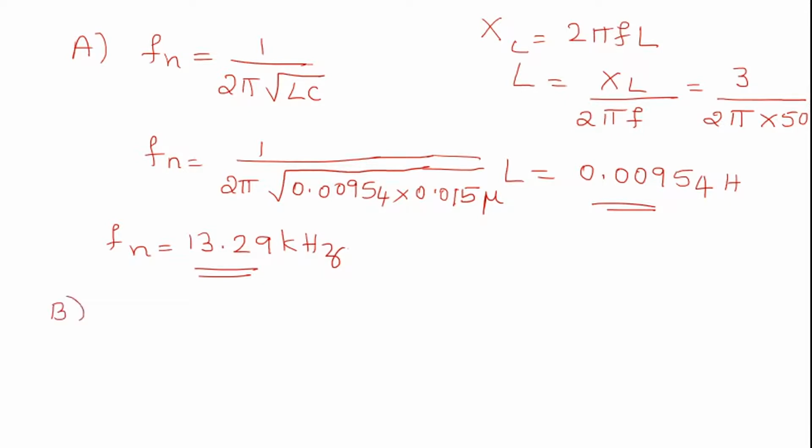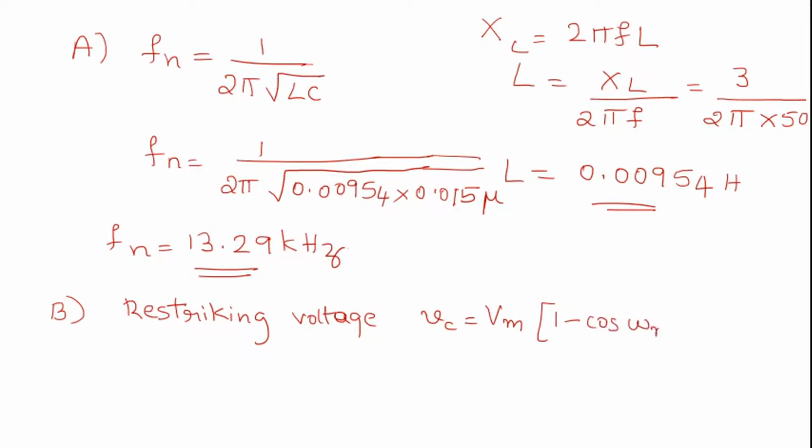Next is to find the maximum value of the restriking voltage. First we write down the formula of restriking voltage, which is Vc equal to Vm into 1 minus cos omega n into t.